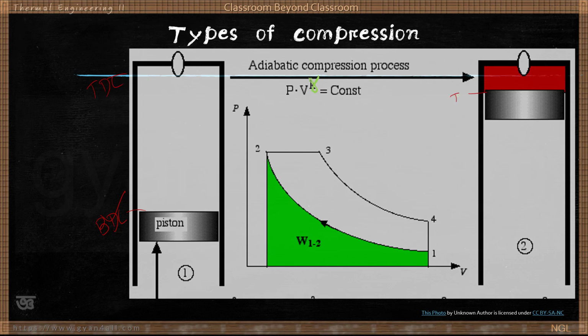The piston moves from TDC to BDC and BDC to TDC. When the piston compresses, what is the stroke, from top to bottom or bottom to top?